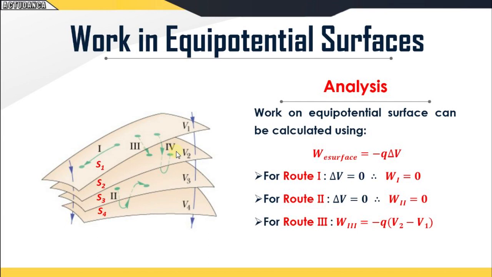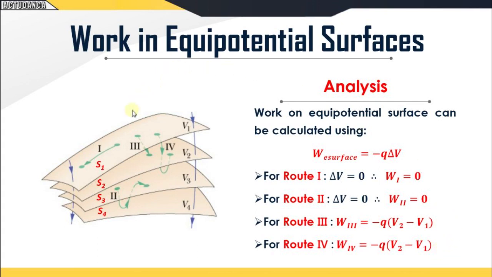With this, dahil magkaiba na ulit ang ating surfaces, magkaiba na ulit ang ating potential, we also have a resulting work. Ang ating work number 4 will also be negative Q multiplied by the difference of V2 and V1. So mapapansin natin class na pareho lang naman ang value ng work 4 and ng ating work 3.